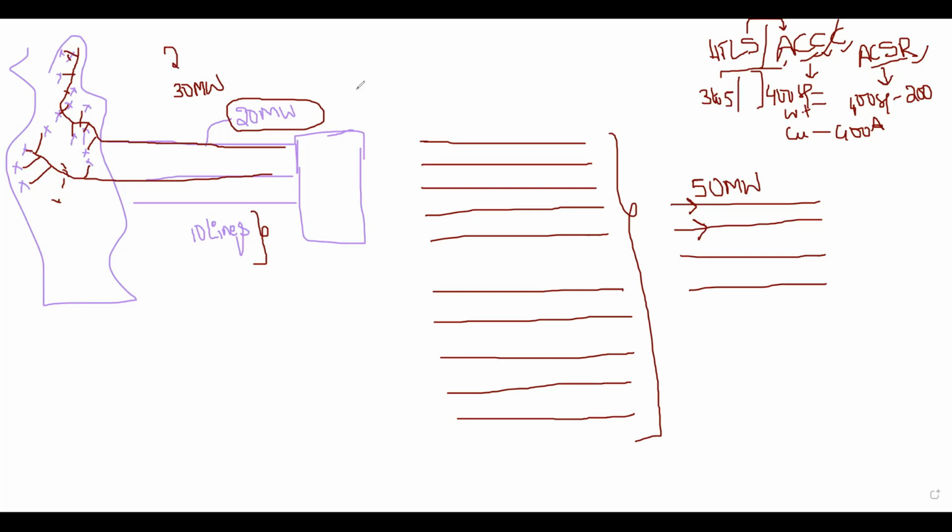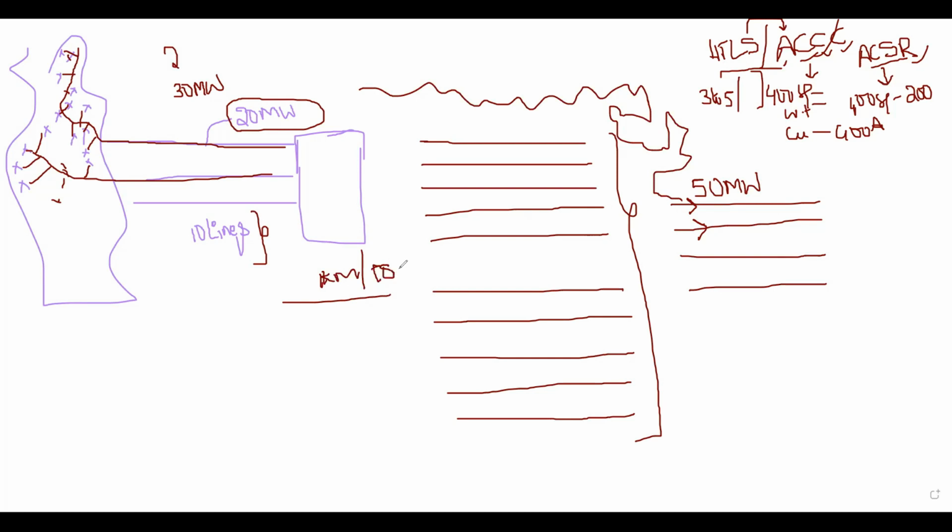In the 33 kV network, which travels some far kilometers to the forest or remote areas, per kilometer the line cost is only 18 to 20 lakhs of rupees.